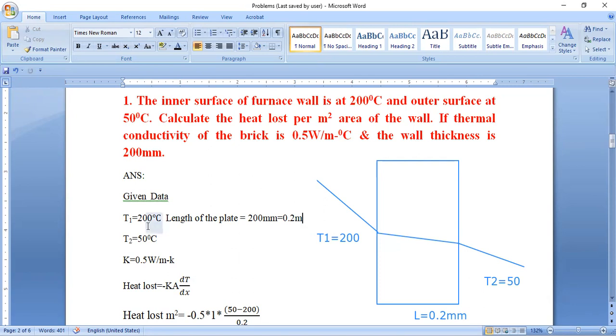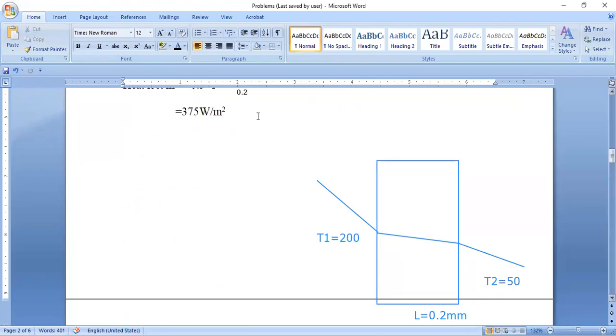Heat loss is equal to minus kA into dT by dx. Heat loss per meter square is 0.5 into (50 minus 200) by 0.2. The value is equal to 375 watt per meter square.